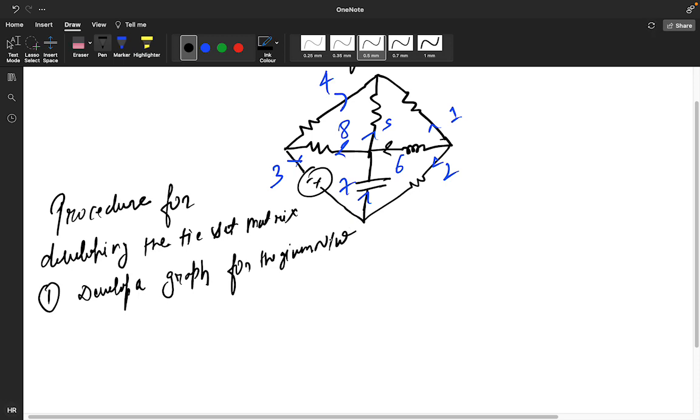So you need to first develop the graph. Second step is identify a tree and links also from the graph.